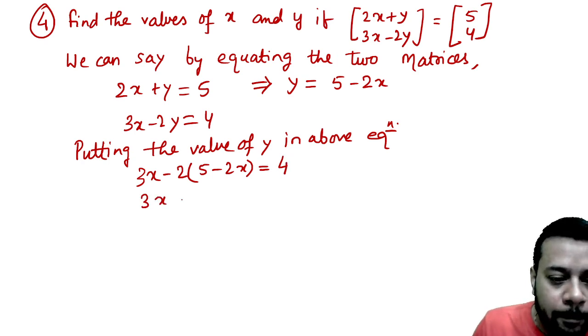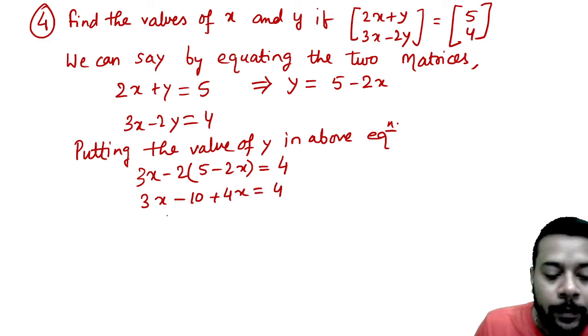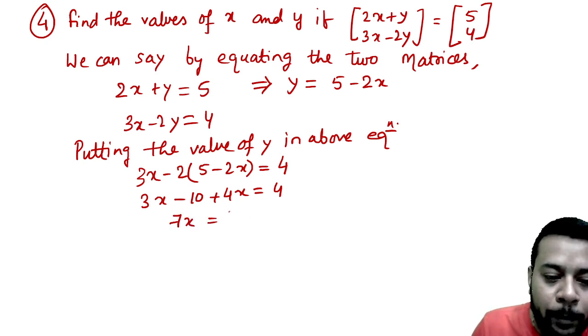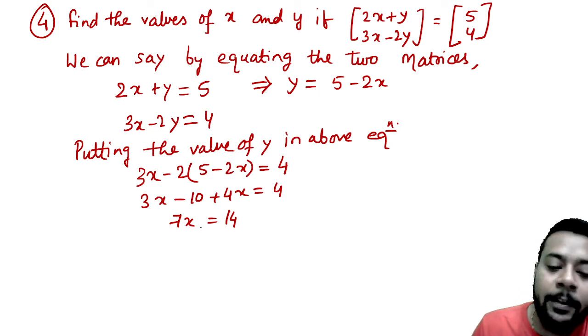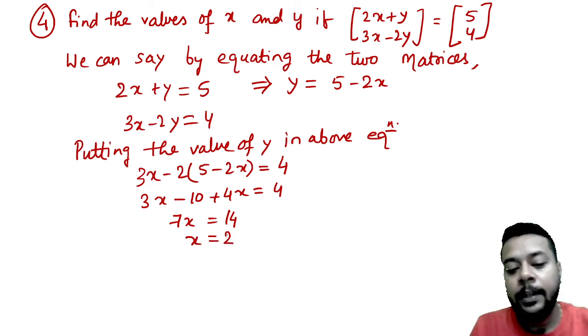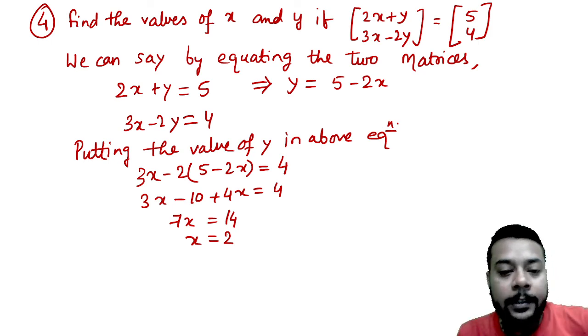So 3x minus 10 plus 4x is equal to 4. 3x plus 4x can be said as 7x, and this will be 4 plus 10, 14. So x value will be 14 by 7, that is 2.